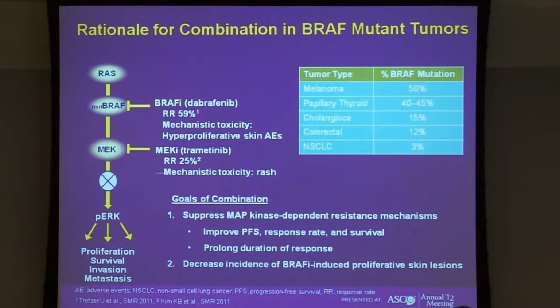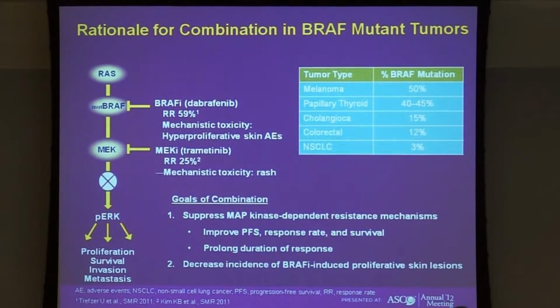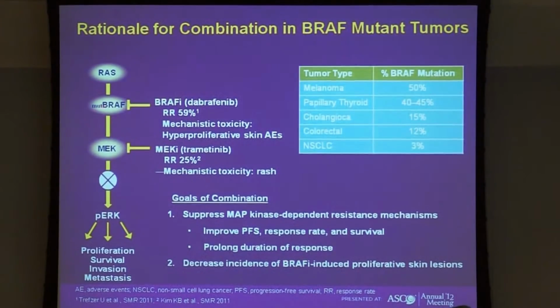So what about combining these two therapies? Well, in some other diseases and some other targets, when you combine 2 inhibitors on the same pathway, and I'm thinking of Avastin and VEGF inhibitors in renal cell, you just get horrendous toxicity.